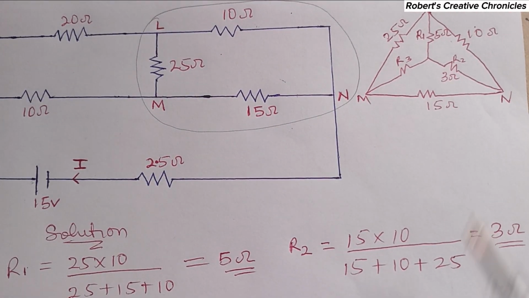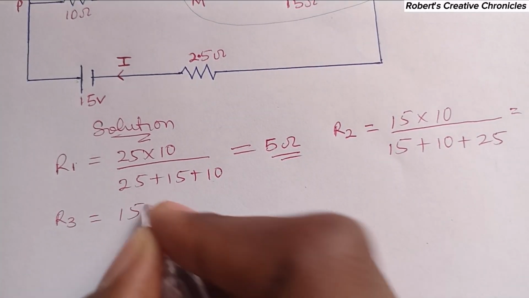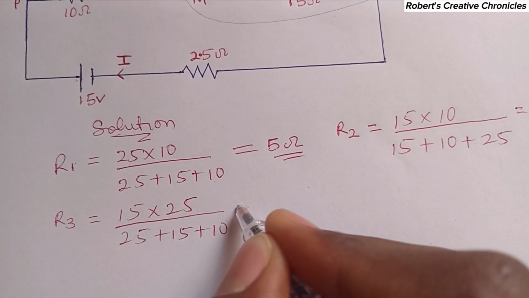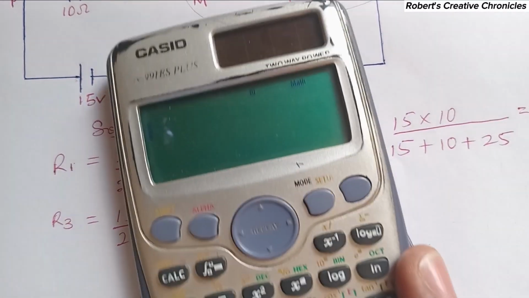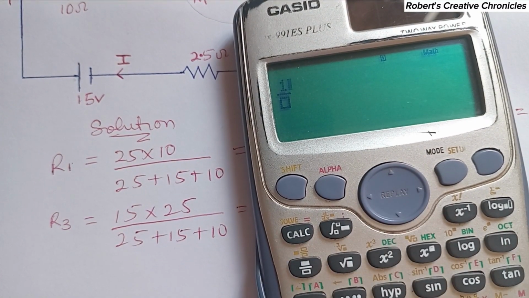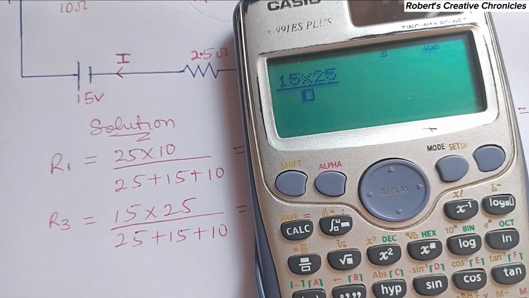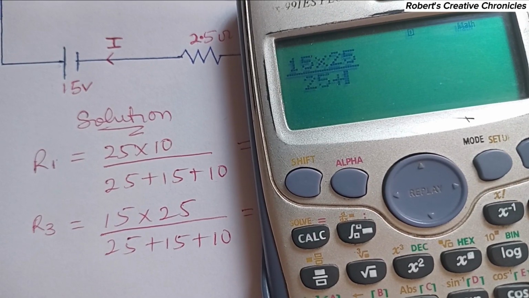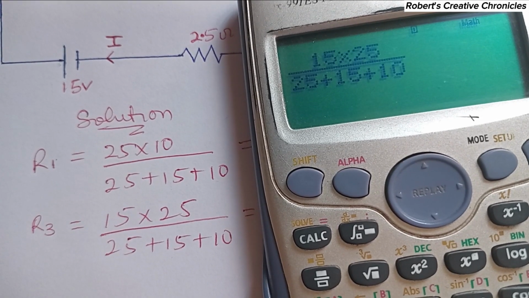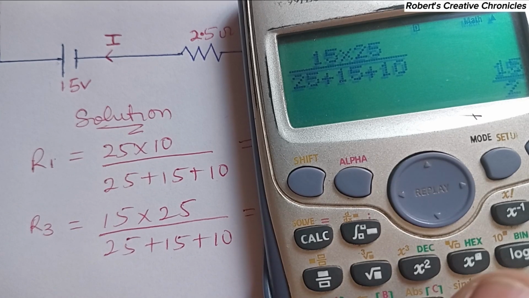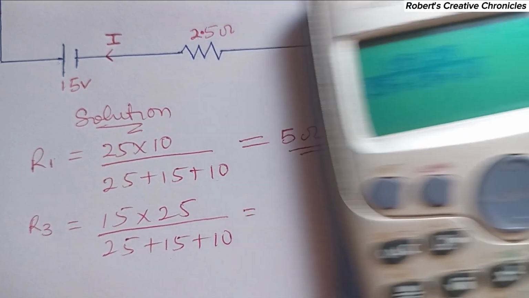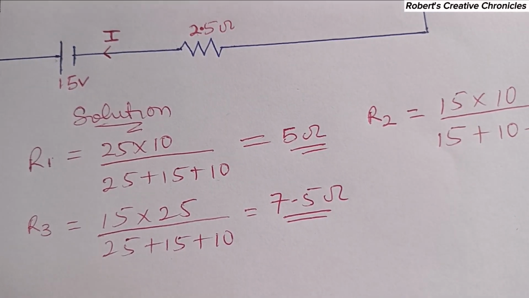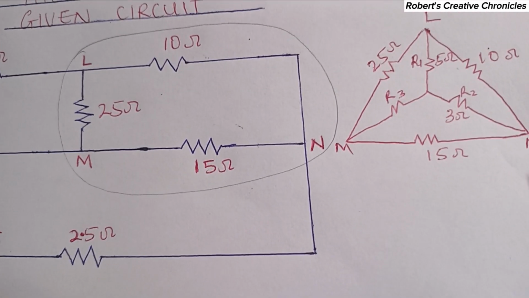R3 is 15 times 25 over the sum, 25 plus 15 plus 10. That's 7.5 ohms. So we have successfully converted the delta network to star network.